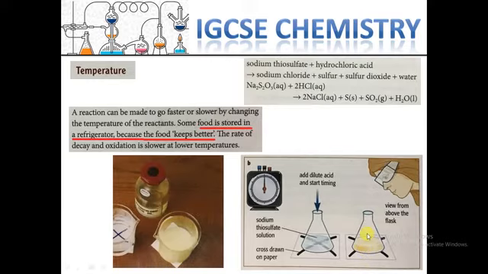For example, if we add heat to one of the samples, then we need to check the rate of reaction. This is the reaction. Sodium thiosulfate with hydrochloric acid, they react to each other, then produce sodium chloride, sulfur dioxide, and water.